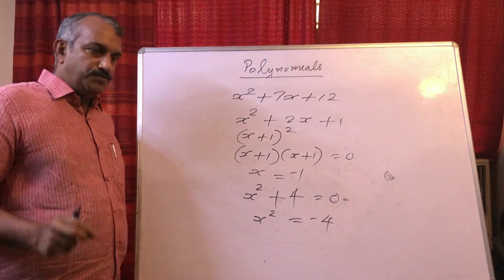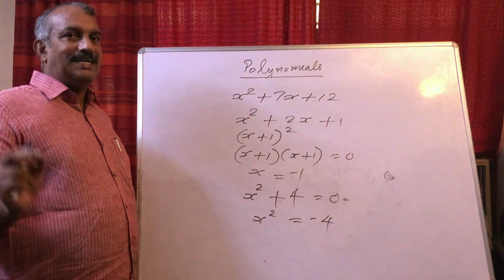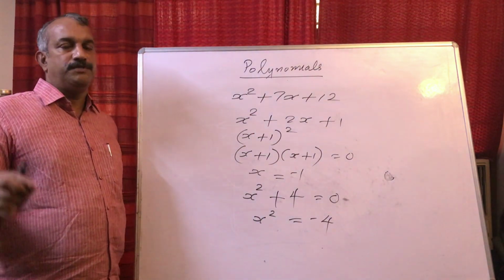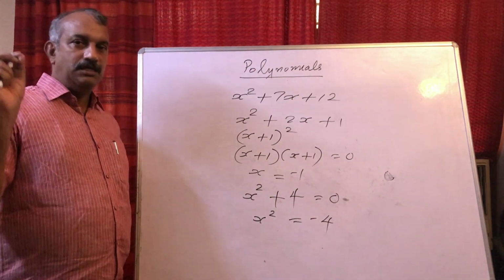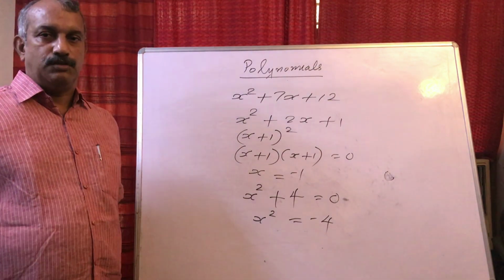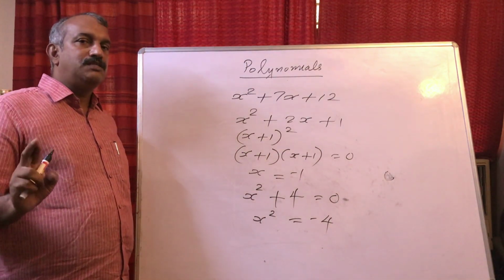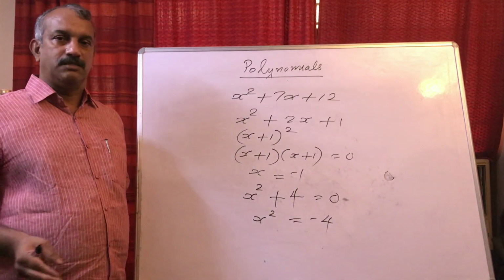The number of zeros of a polynomial is equal to or less than the degree of the polynomial. If the polynomial is quadratic, meaning degree is 2, it can have a maximum of 2 zeros, maybe 2 zeros, 1 zero or no zero. All three cases we discussed.